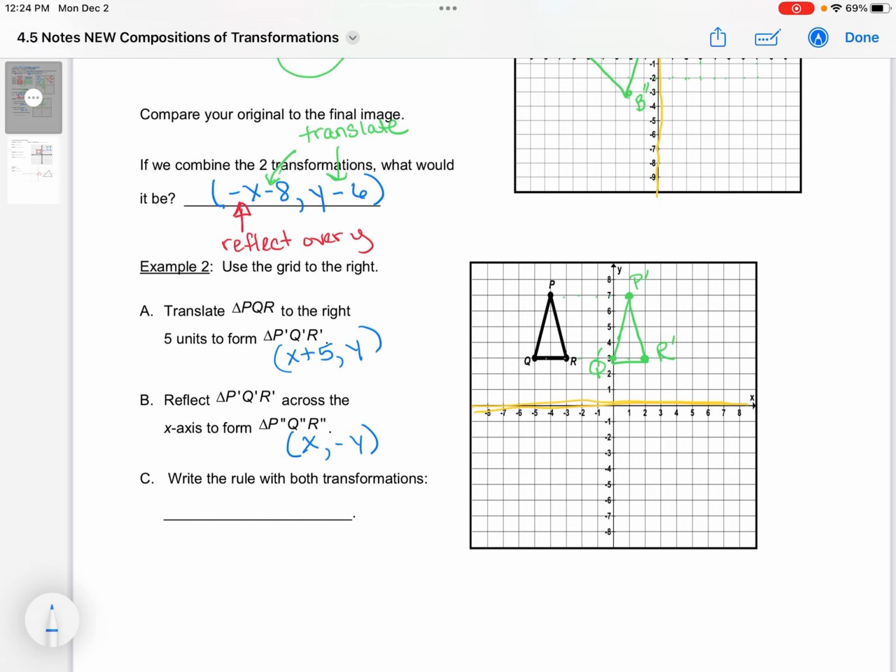So the rule is going to be something like x plus 5, comma, negative y. All right, and then we're going to go 1, 2. Here's R double prime. Here's Q double prime. And P is going to be right there.